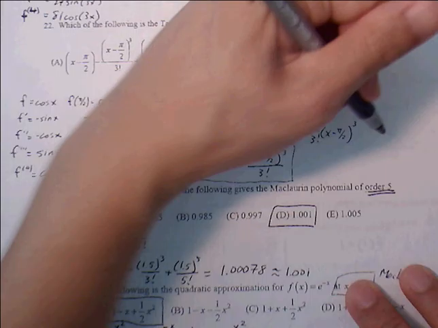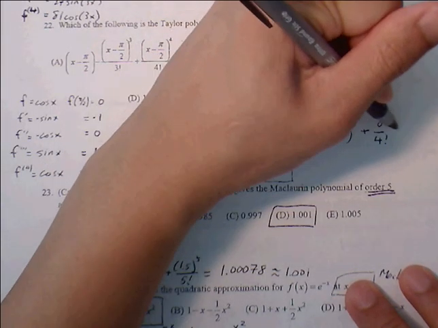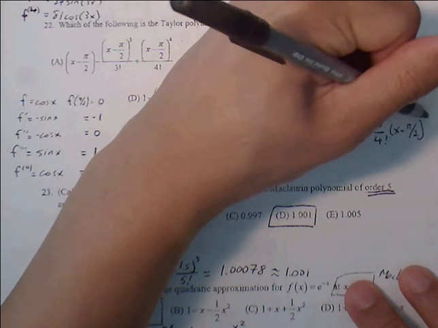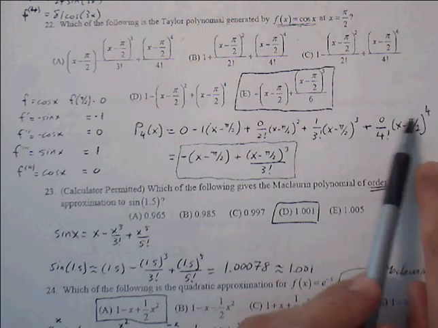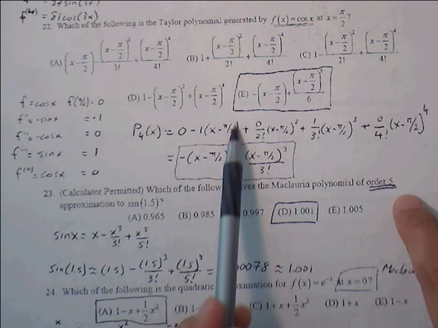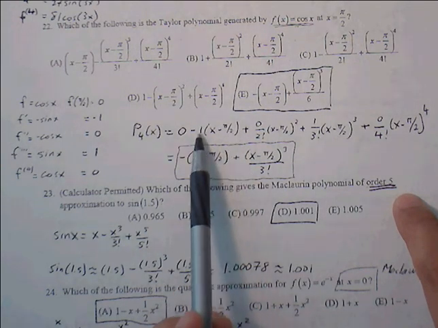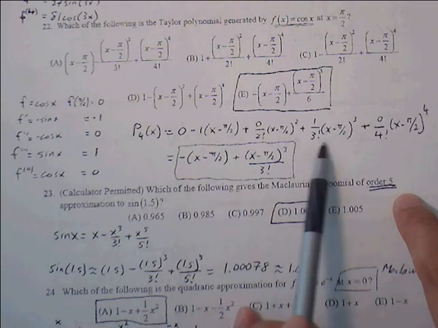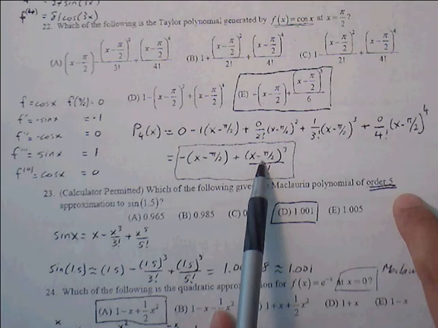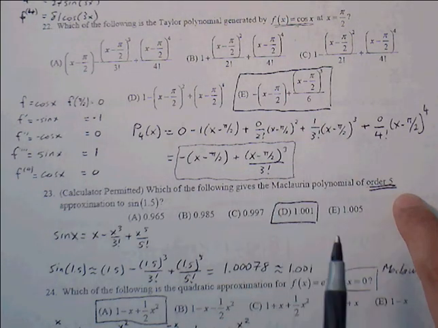But we see that the fourth derivative term cancels out to be 0. So this term drops out to be 0, and this term drops out to be 0. We're just left with the portion associated with the first degree and the third degree: negative x minus pi over 2 plus x minus pi over 2 quantity cubed over 3 factorial. So that matches choice E.